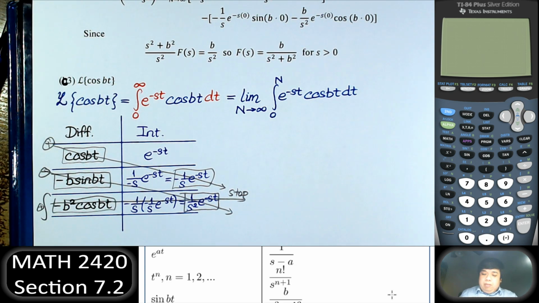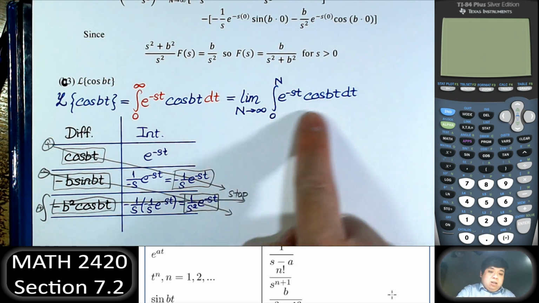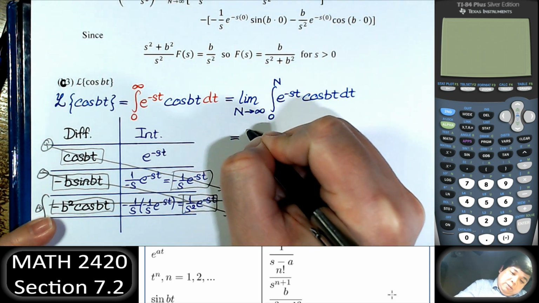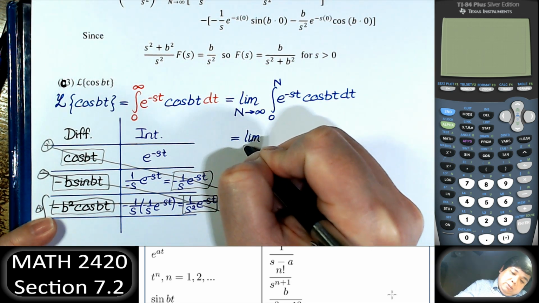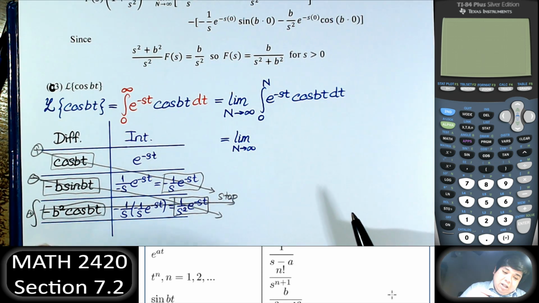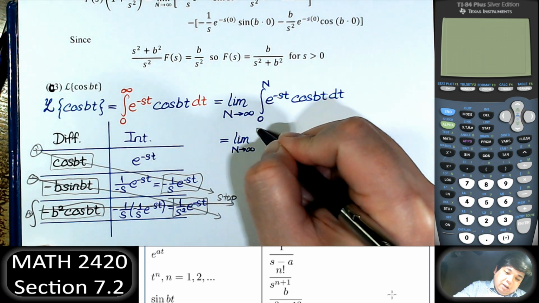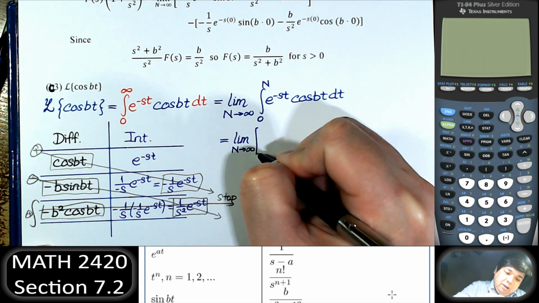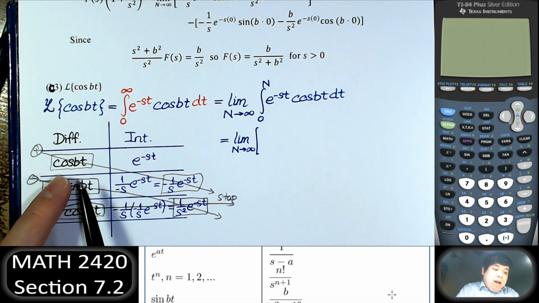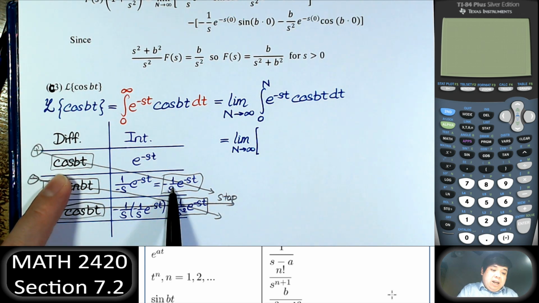So what does that mean? What it means is this is equal to, first, I'm going to write cosine bt and that.